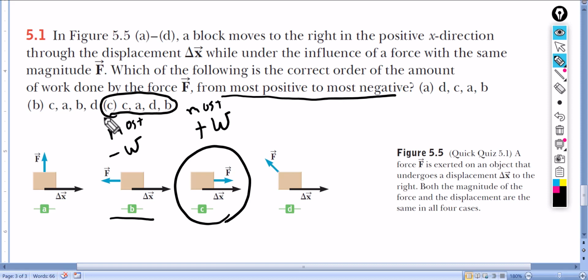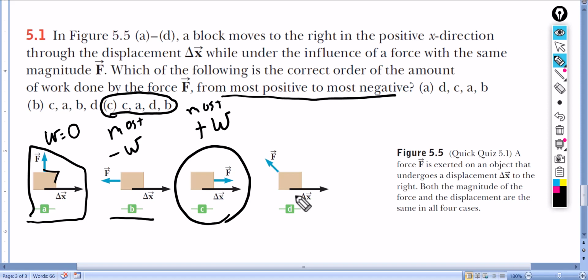But let's go ahead and go through each scenario one by one. So we're saying this is the most positive work done because both are going in the same direction and it's parallel. Next is going to be A. Well, we already noticed that if it's perpendicular, then the work is 0. But 0 on the number line is further to the right than negative numbers.